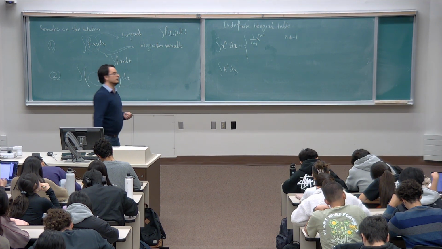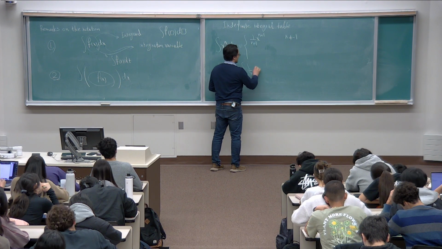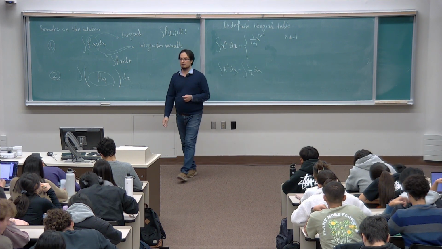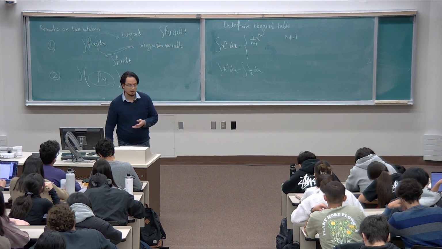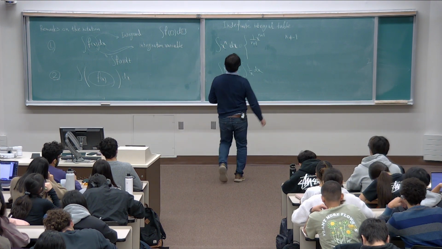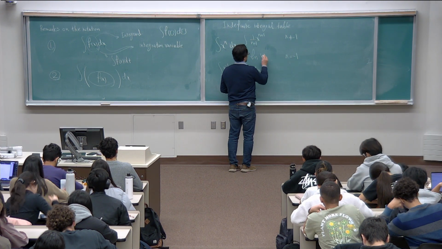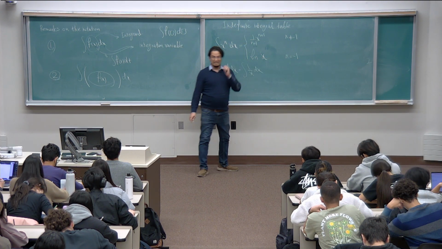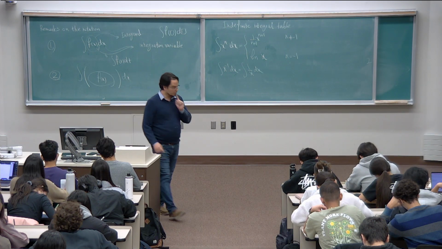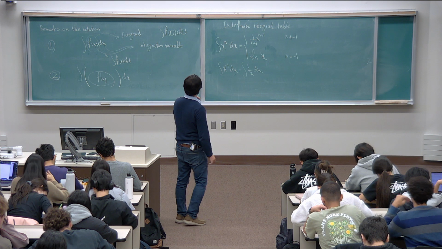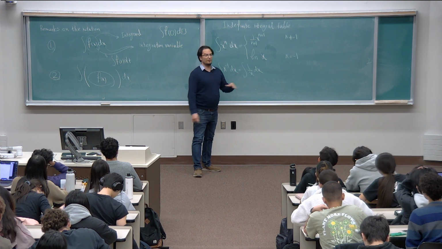Or in other words, an antiderivative for 1 over x. What is the antiderivative for 1 over x? Ln x. So if n is -1, it's ln x. There is a small problem there. And the problem is that, look, this 1 over x is defined everywhere.